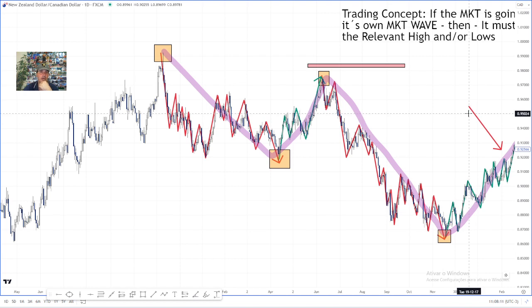If I'm the boss and I'm asking you, John or Jane, tell me the analysis of NZD-CAD daily chart at the arrow, what are you going to tell me? Are you going to tell me NZD-CAD long term is up, long term is down, short term is up, short term is down? What are you going to tell me?